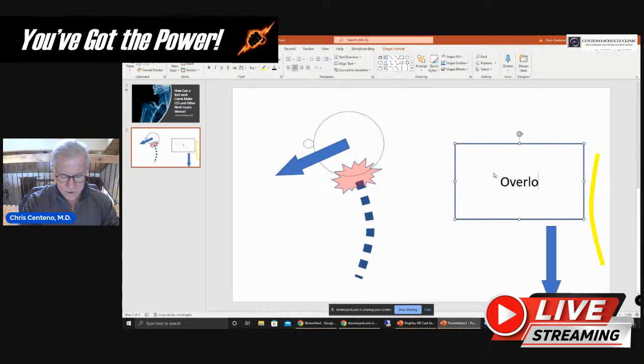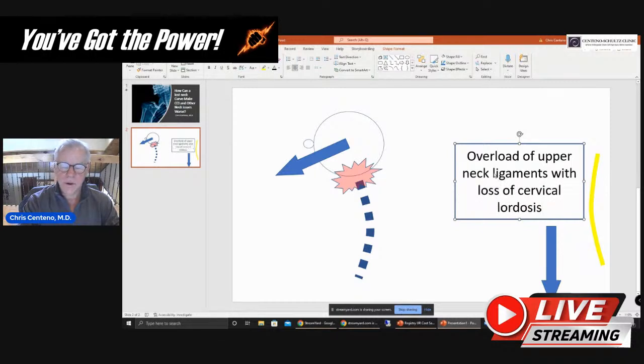So overload of upper neck ligaments with loss of cervical lordosis, or loss of that normal neck curve. In fact, we have a reverse curve going on here. So that's not good. Also, all of these ligaments back here are getting overloaded too, including the muscles and ligaments in the back of the neck.